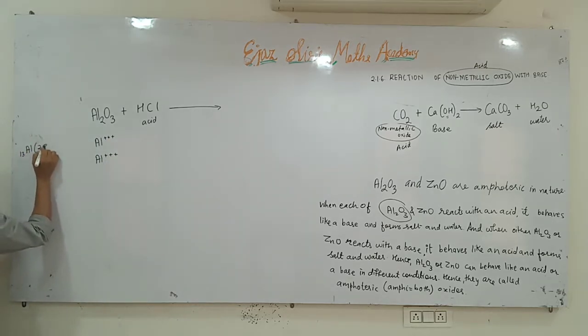Its configuration is 2, 8, 3. It has 3 electrons in the outermost orbit. To complete the octet, it needs 5 more electrons. And it cannot gain 5 electrons because maximum 3 electrons can be donated and maximum 3 electrons can be accepted. So it will donate its 3 electrons.